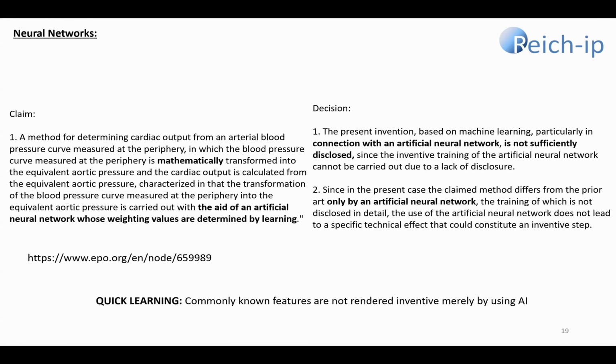So what we have here is, let's call it, a generally known technical teaching. And what the inventor or the applicant tried in this case is that they used commonly known features and just added, well, we're going to apply some AI. Of course, this is not enough. The technical teaching has to go beyond the mere use of AI.